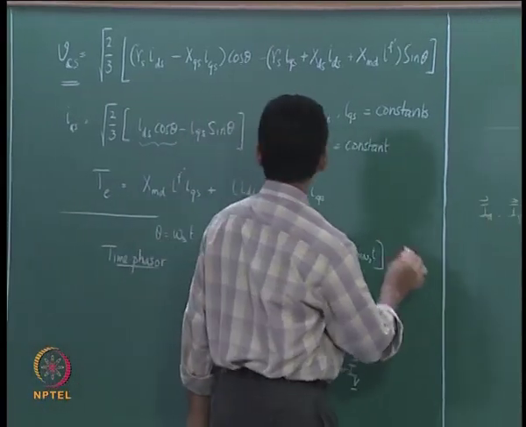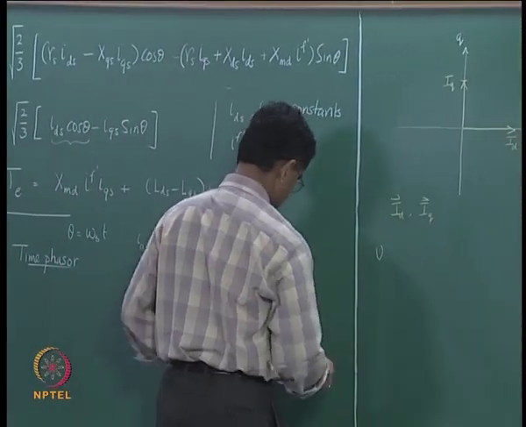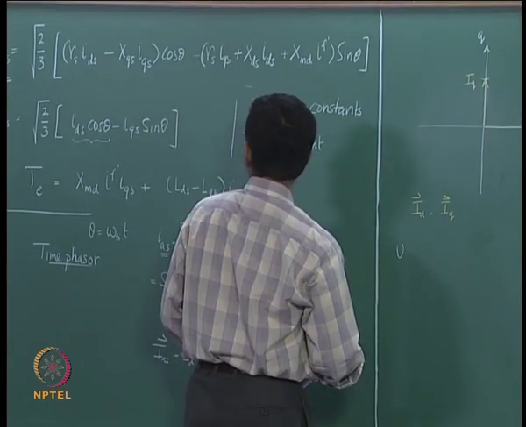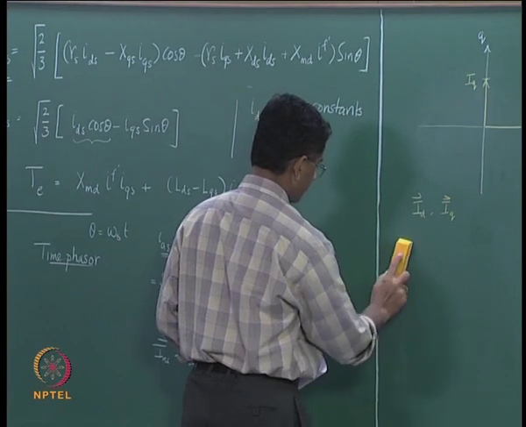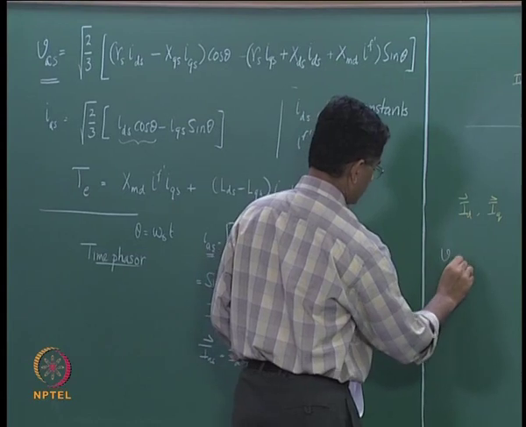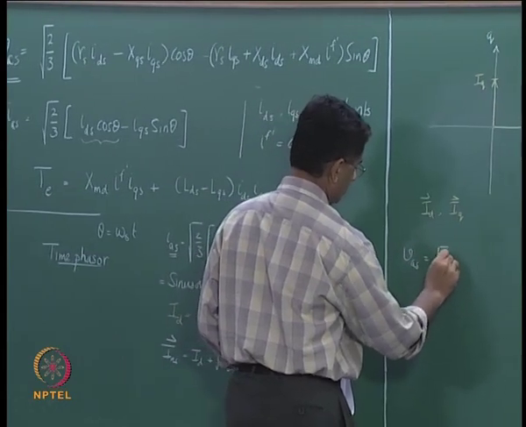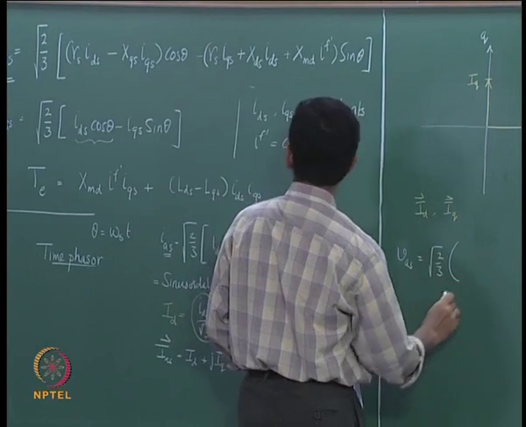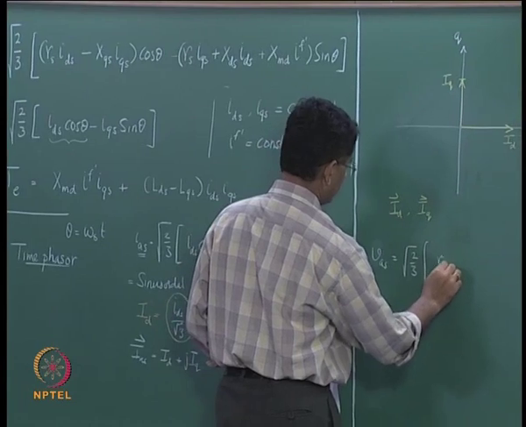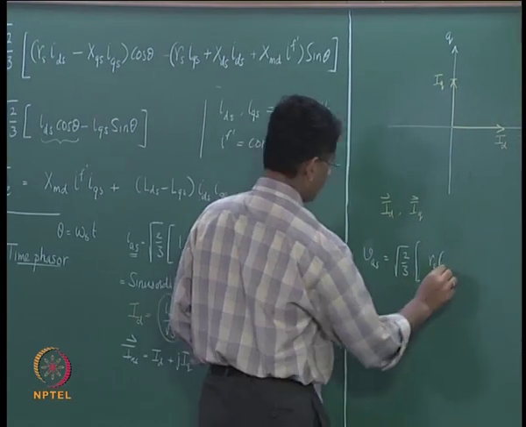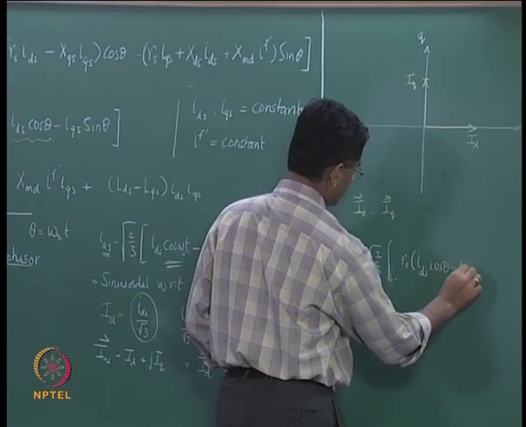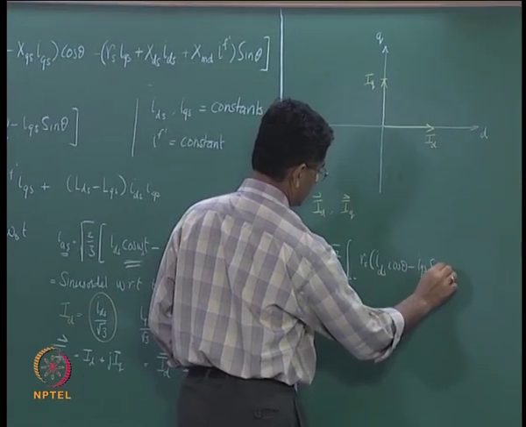So let us now write VAS. VAS can be written as root of 2 by 3 multiplied by, let us bring the similar terms together. So you have RS into IDS cos theta minus IQS into sin theta.